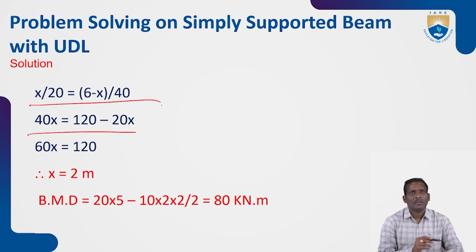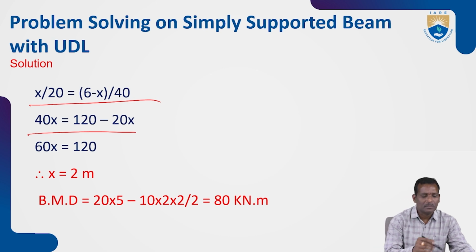So apply the similar triangle ratios here. 60 X is equal to 120, and X is equal to 2 meters.